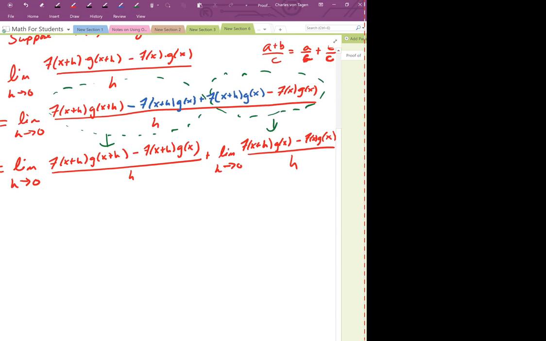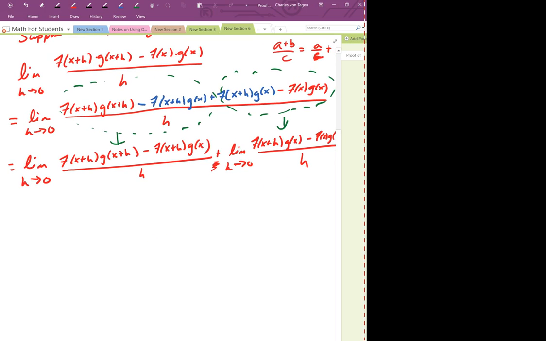Now I'm using the limit sum property, but eventually I need to show that both of these limits exist. That is, I broke the limit over the sum here, and that's permitted as long as each of these limits ends up existing, and we will see that they do. So let's continue.